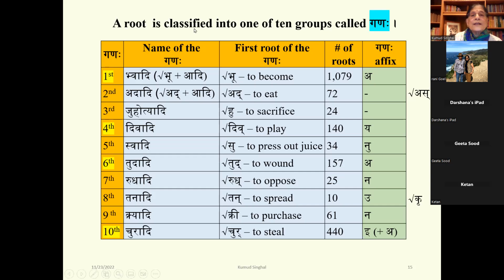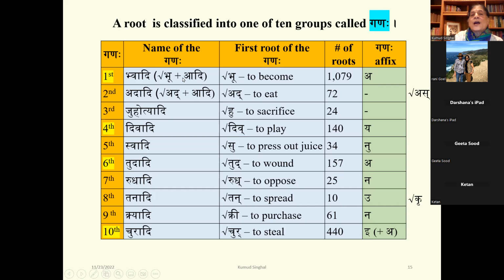The first of the 10 ganas is called bhavadi ganaha, and the first dhatu of that gana is bhu. These groups are named by the first root in that group. The root bhu means to become. Bhavadi comes from a sandhi between bhu plus adi.